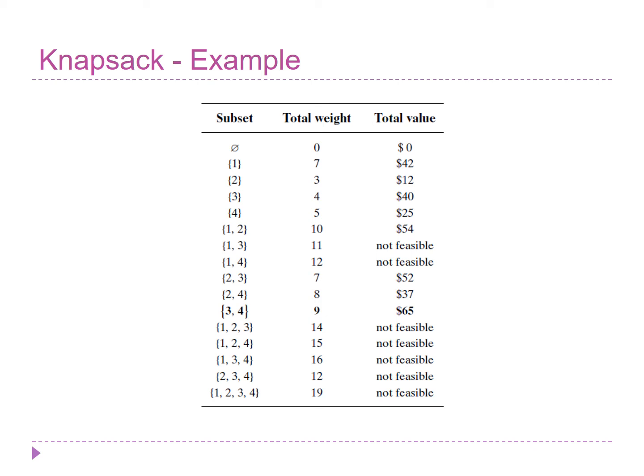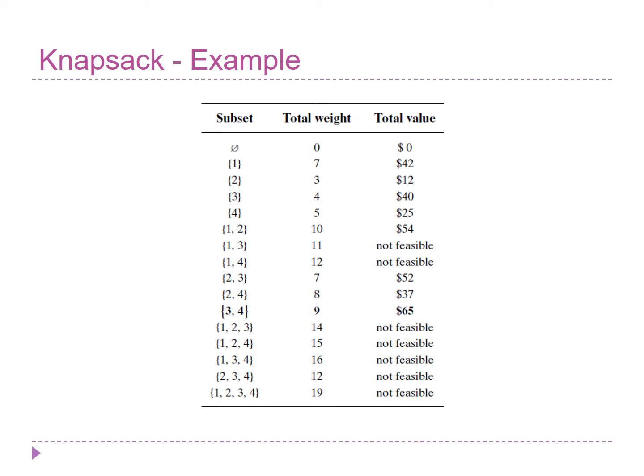The total weight of the subset of items selected must not exceed 10 in the given example. If the total weight exceeds the value of 10, then the solution is not a feasible one. So, taking the first row in the table, when no items are selected, the total weight is 0 and the total value is 0.